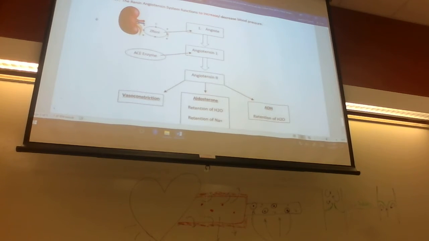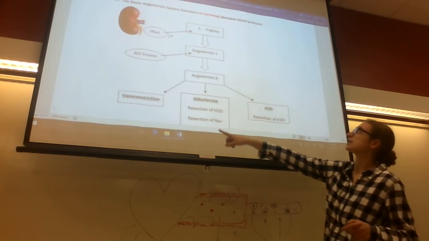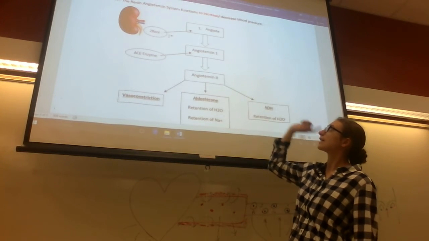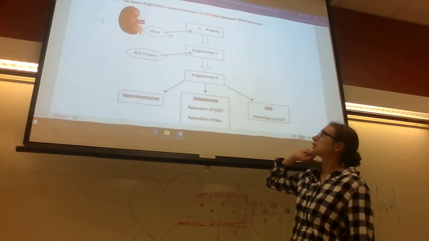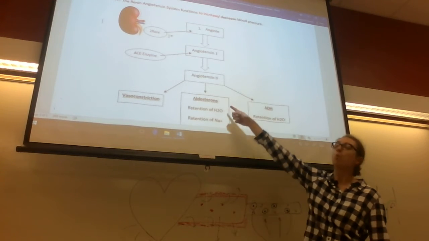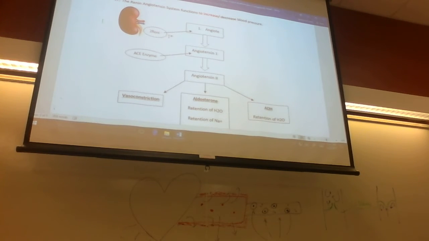Renin is produced from your kidney, because your kidneys are the things that detect, wow, I'm not getting a whole lot of blood pressure, we need to increase. So renin will be secreted from your kidney. Renin will then touch angiotensinogen. Angiotensinogen will then turn into angiotensin 1. That's the third step, angiotensin 1.